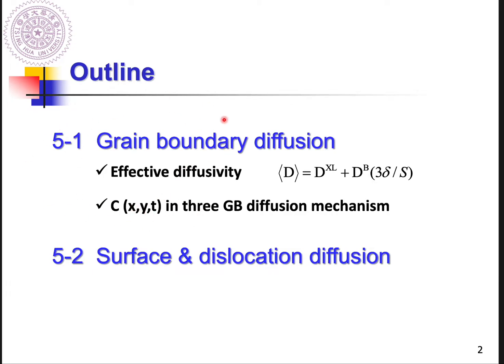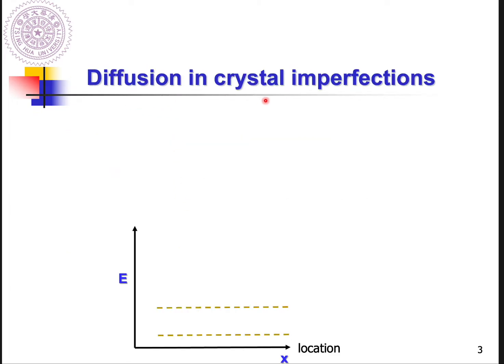First of all, we put more effort on grain boundary diffusion, that is, diffusion in crystal imperfections. Before, in lecture 4, we put more effort on describing diffusion in the crystal, or in grains. When you draw the energy as a function of location for atoms in the crystal, you will have this curve, which is the energy curve of atoms in the crystal lattice in grains.